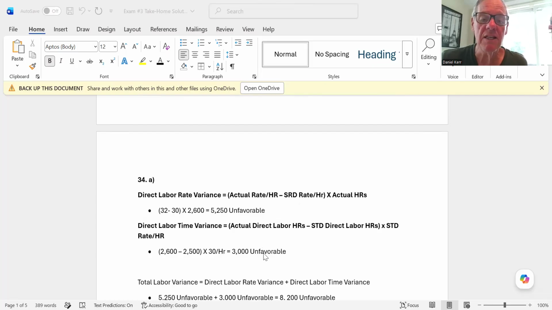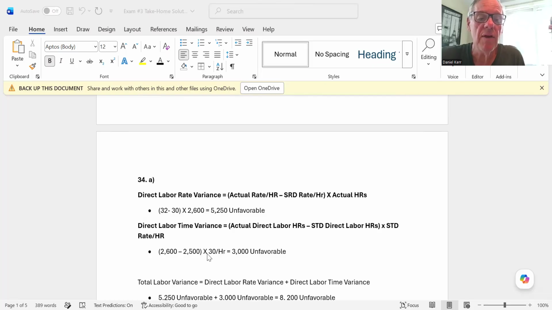And then as far as the time variance, it's supposed to be actual direct labor hours minus standard direct labor hours. And they made 500 bicycles, and each bicycle was supposed to take 5 hours. So it's supposed to be 5 times 500 gives you 2,500.